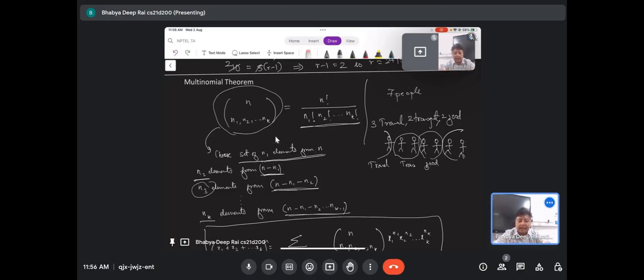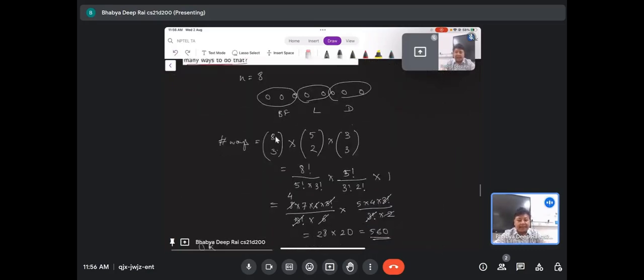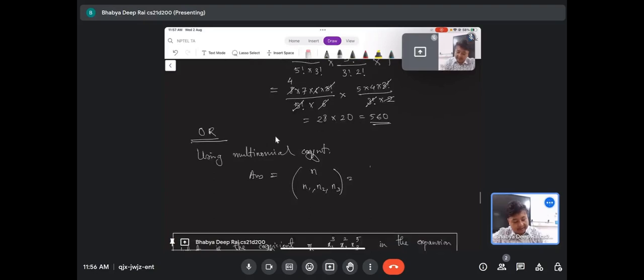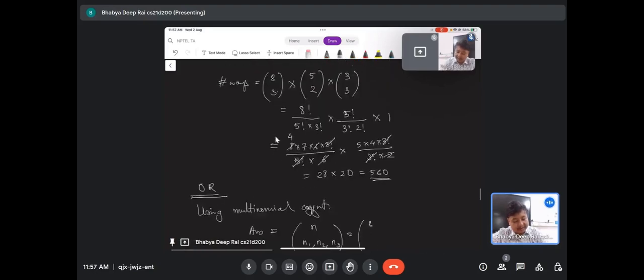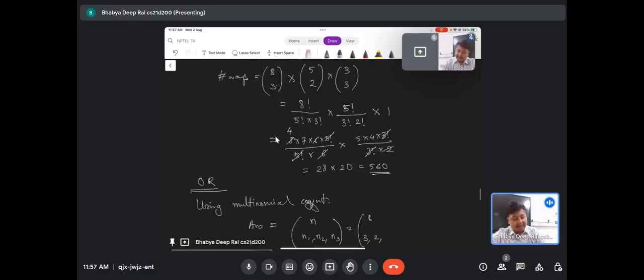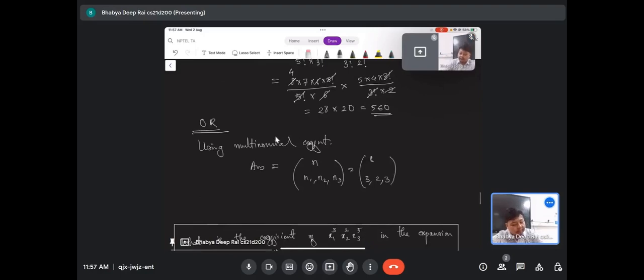So it's not different from that. So all I need to do now is, the answer is n choose n1, comma n2, comma n3, which is nothing but n is for us 8, choose n1, 3 comma 2 comma 3 for dinner. Right. So this is simply my answer.